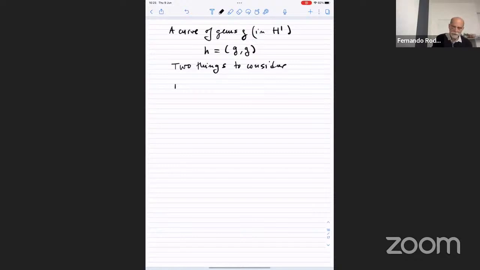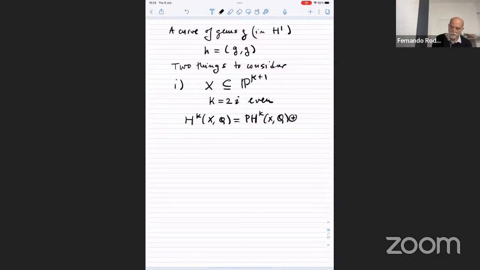First, if X is a hypersurface in projective space where kappa is even, then there is a decomposition of this cohomology into a codimension 1 piece and a one-dimensional piece.